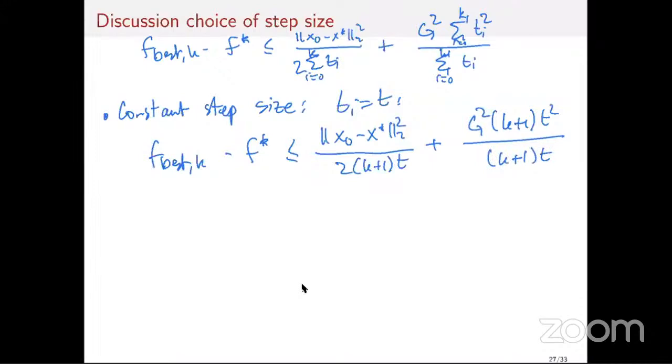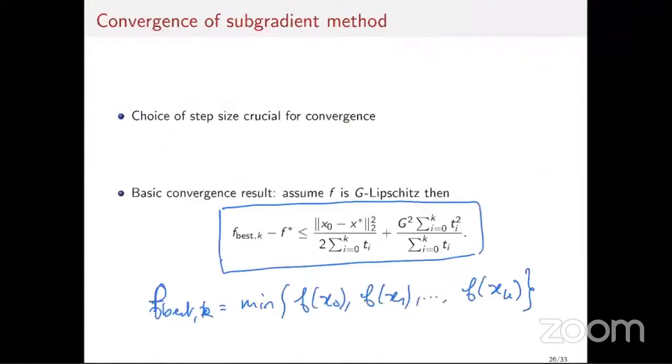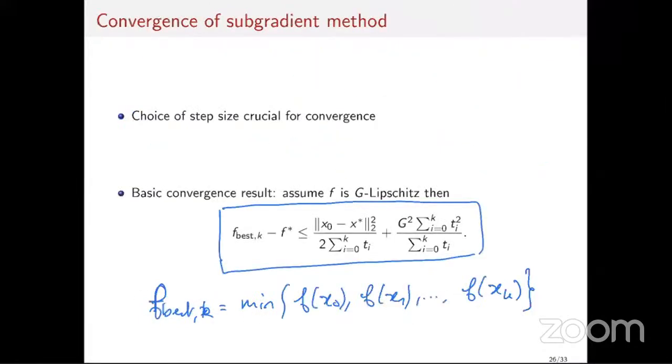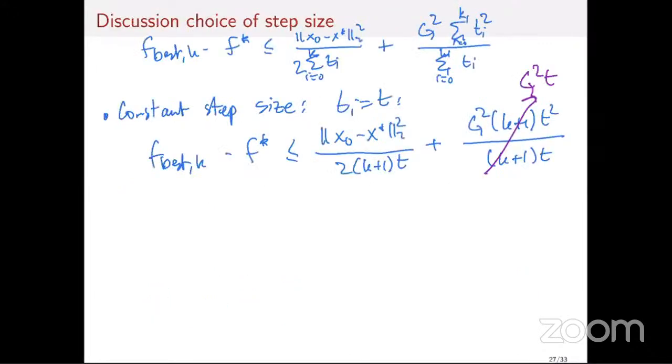In general, this thing will simplify to just g squared times t. Actually, I think there is a 2 here that I forgot, so there should be a 2, but it's not super important.